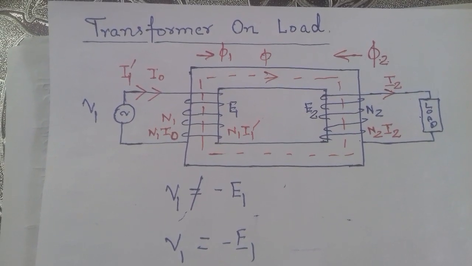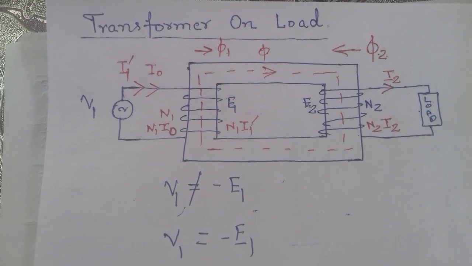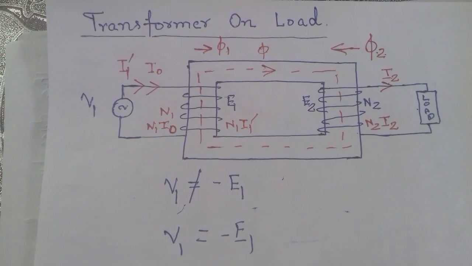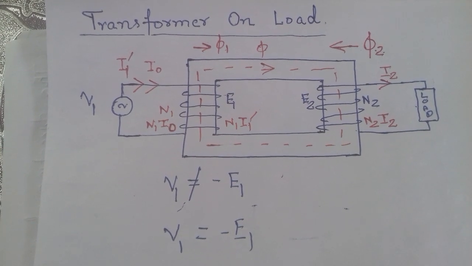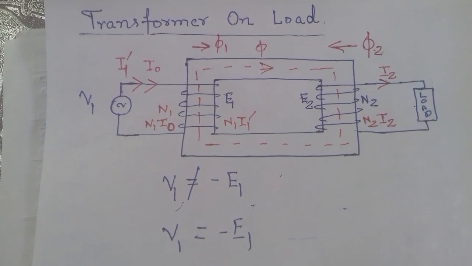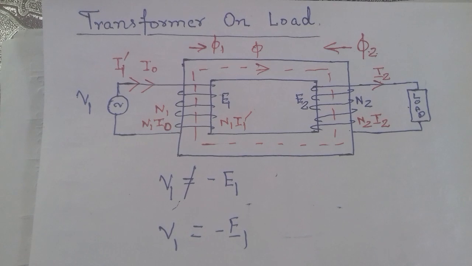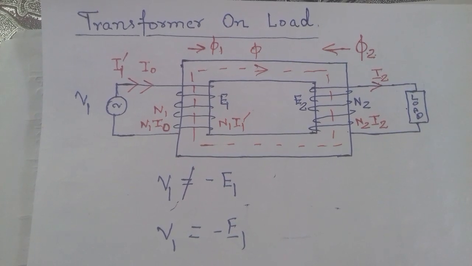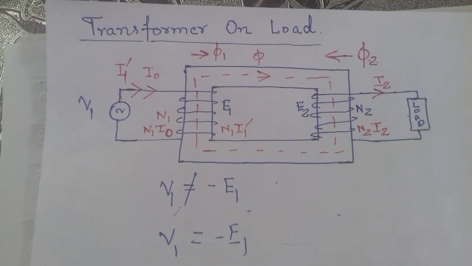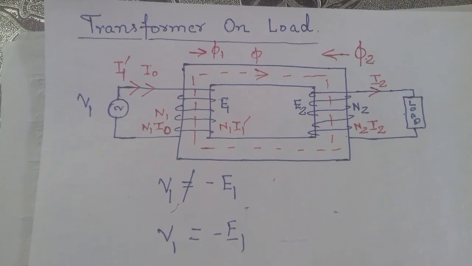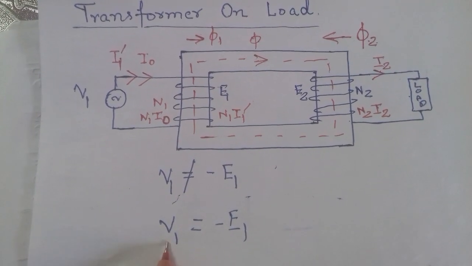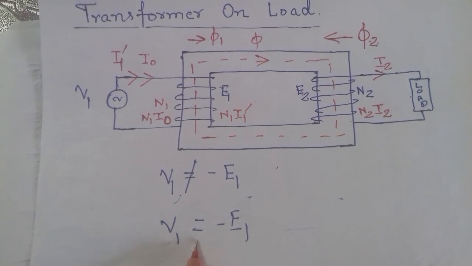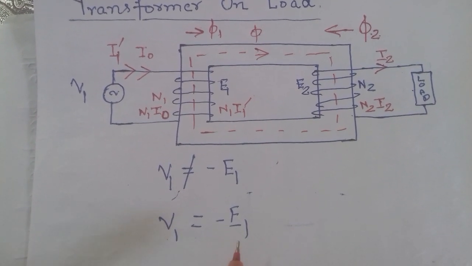Now this flux phi 1 will neutralize the flux phi 2, and as phi 1 neutralizes phi 2, only the original flux phi flows in the transformer core. Means the flux which flows in the transformer core is phi, and again the primary voltage V1 will be equal to the primary induced EMF E1.